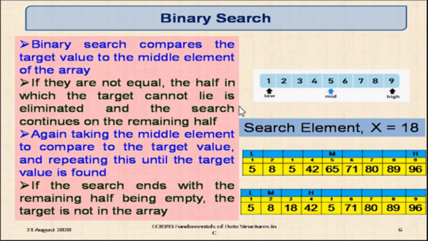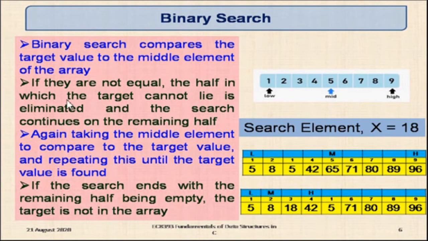You see here, binary search compares the target value to the middle element of the array. Assume that I have 9 elements in my array or list. I have to handle 3 pointers in the case of the binary search algorithm: pointer low L, pointer high H, and pointer middle M. So what will happen if they are not equal?